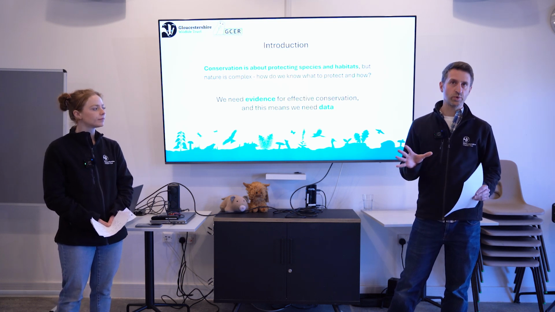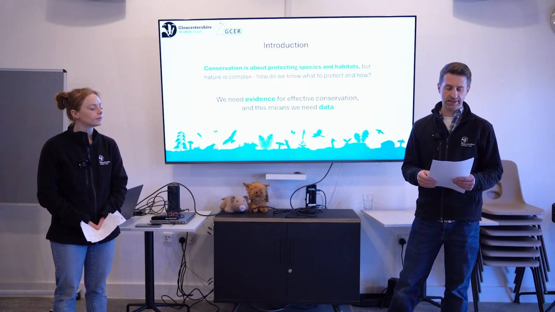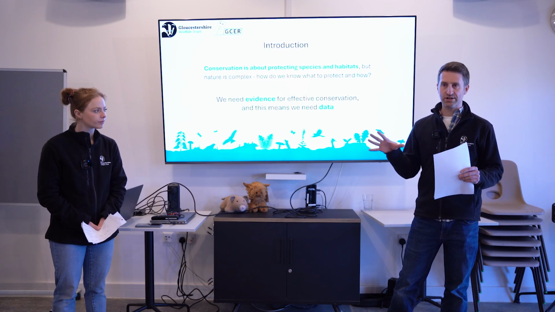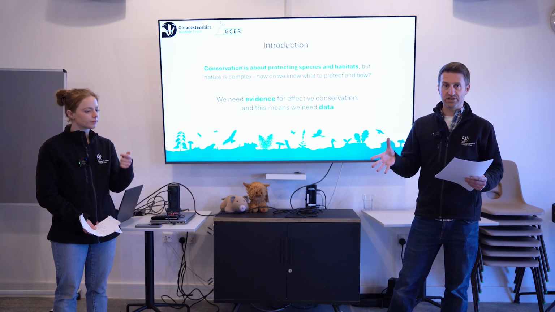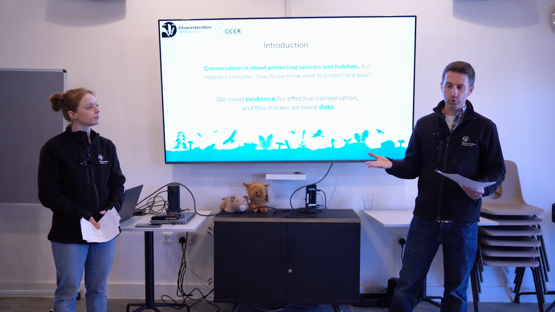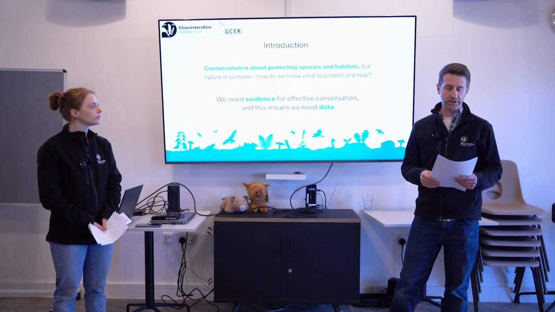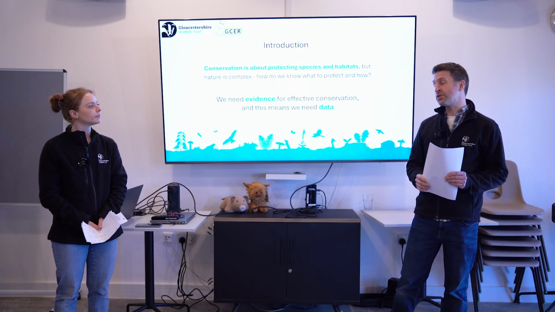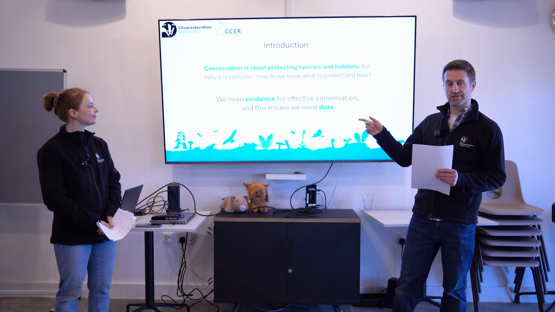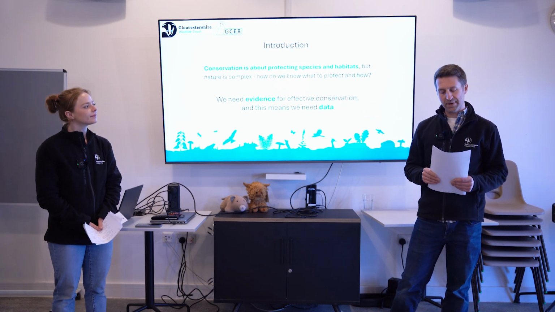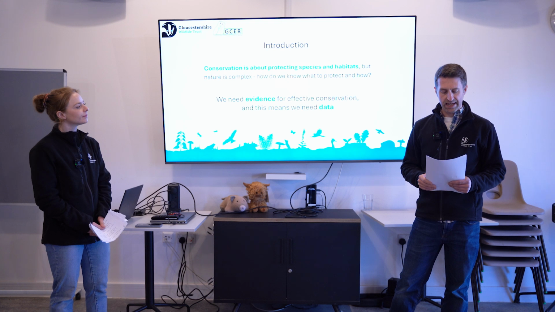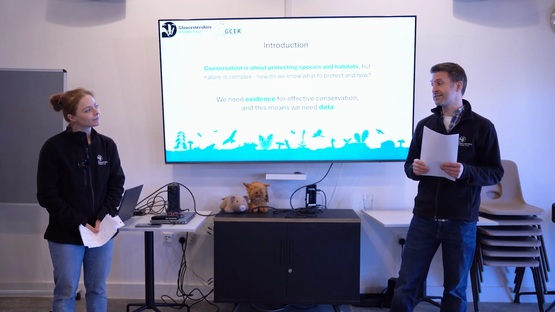But the difficulty that we've got in conservation is that in a really complex natural world, how do we know where to start? How do we know what changes we're going to make? How do we know what to protect and how we're going to protect them? And to do that, we need evidence. Evidence lets us make effective conservation, and evidence requires data.